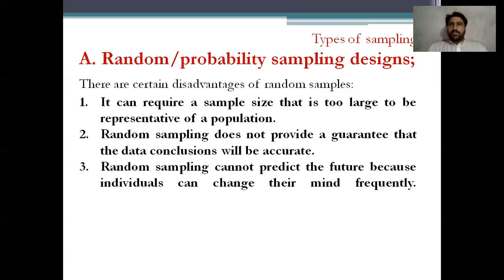The information provided by the participants of the study, the data provided by your sample through random sampling, is for that point of time only. So it does not predict the future proportion of the samples, because individuals may vary in their thinking and change their mind frequently. So this is another limitation. You cannot predict the future, because they can change their mind frequently.